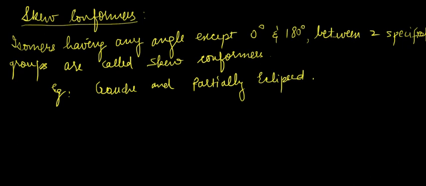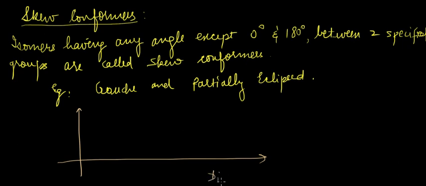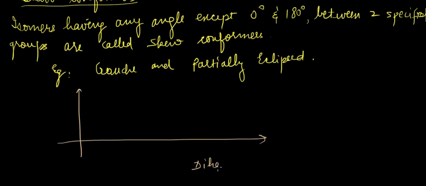Now next we will see a graph of the potential energy of different conformers with dihedral angle, with dihedral angle on the x-axis and potential energy on the y-axis.